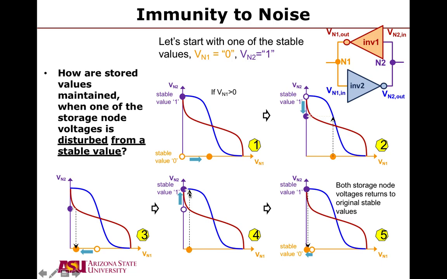So we go back to the blue voltage transfer curve. You have to follow that curve. And that brings us to the new purple point, which is the output to N2, which is the input to inverter 1. And then you can see, if you follow the red curve, putting an input to N2 into inverter 1, we get the output to inverter 1 back to the stable value of 0 at 0.5. So this illustrates how we have noise immunity.